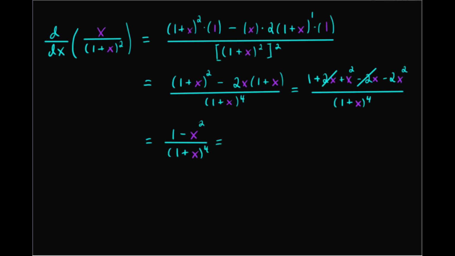The numerator is actually the difference of two squares, so I can factor it as 1 plus x times 1 minus x, all over 1 plus x quantity to the fourth. So the 1 plus x term cancels from the numerator, and I can reduce the exponent in the denominator to 3. So I'm finally left with this derivative equaling 1 minus x all over 1 plus x quantity cubed.